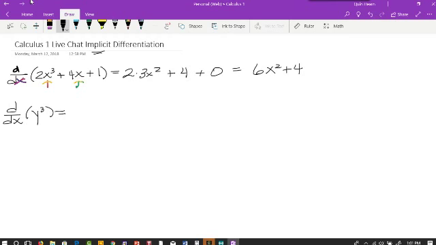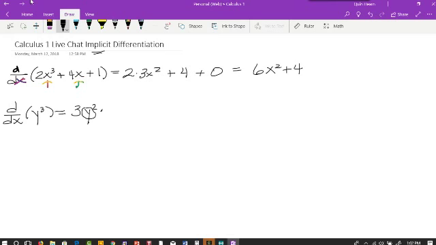this becomes essentially a chain rule problem, because remember, when we take the derivative of something other than x to a power, what do we have to do? We still bring the power out front, and we still subtract 1 from the power, but we then multiply by the derivative of whatever was inside the exponentiation.